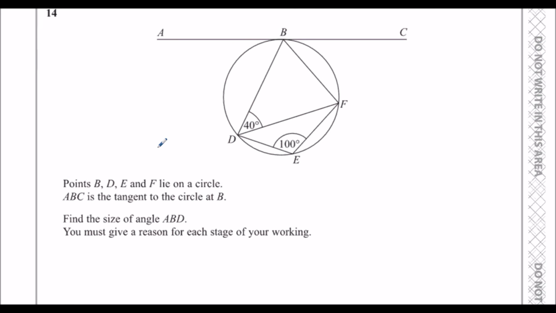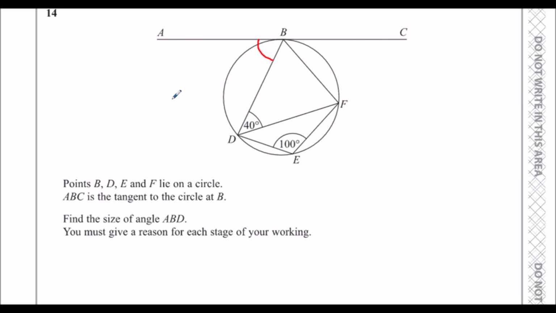Question 14. Points B, D, E, and F lie on a circle. ABC is a tangent to the circle at B. Find the size of angle ABD. So this angle here. That's what we're working out.